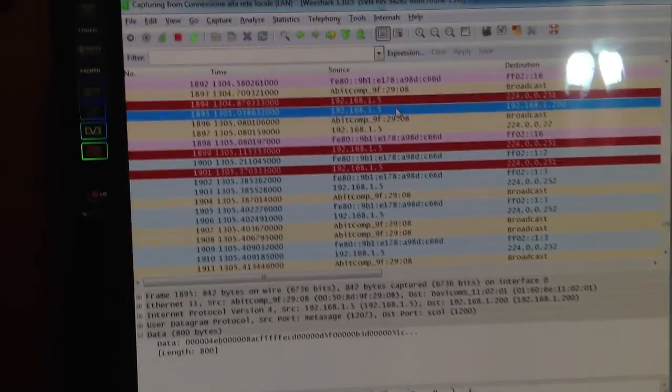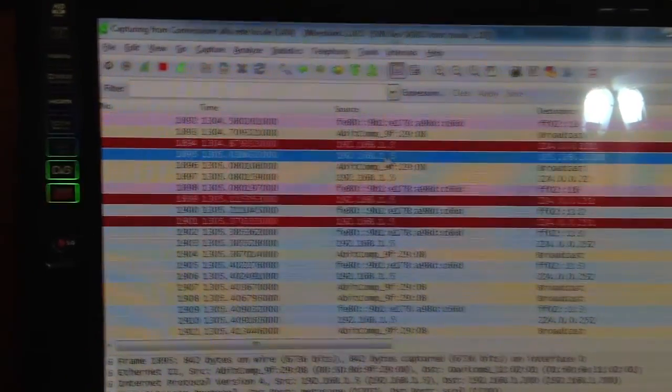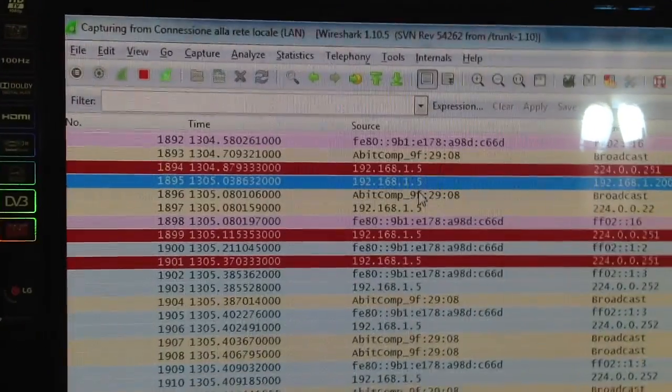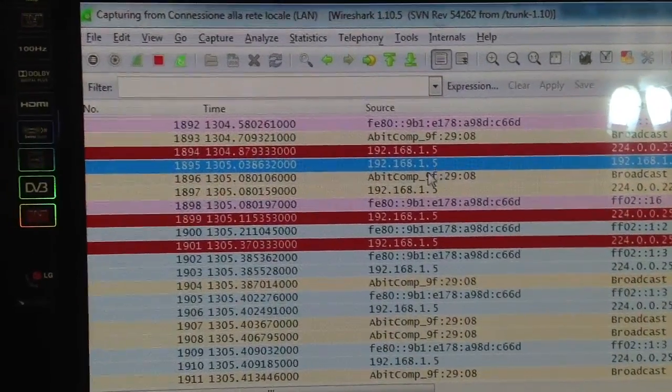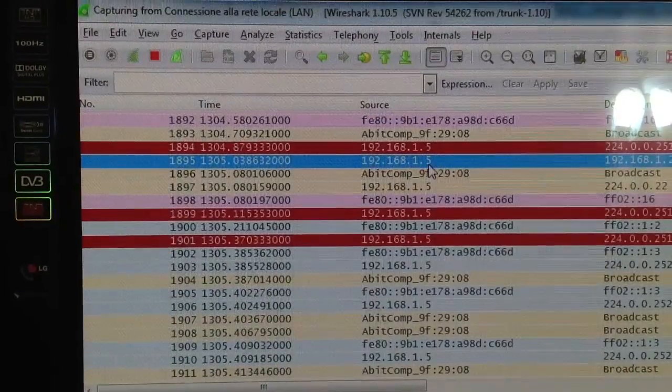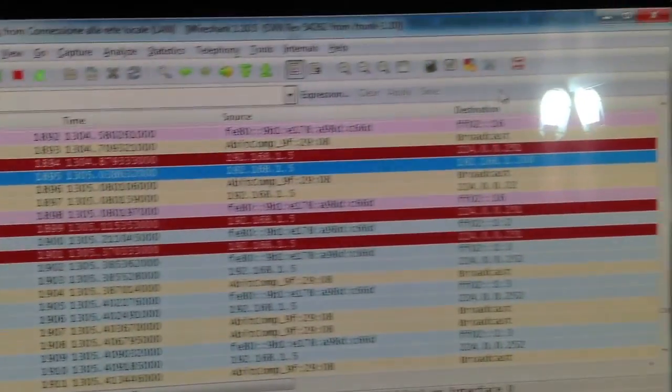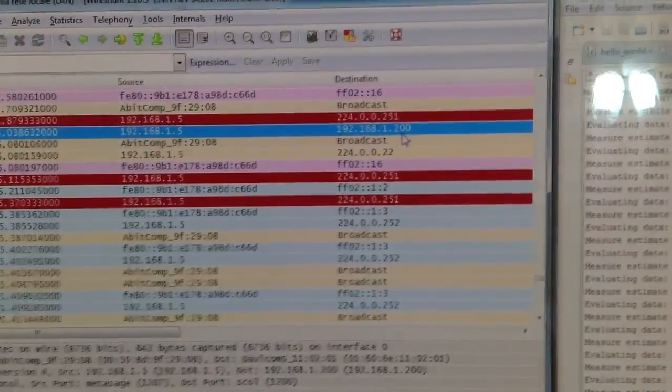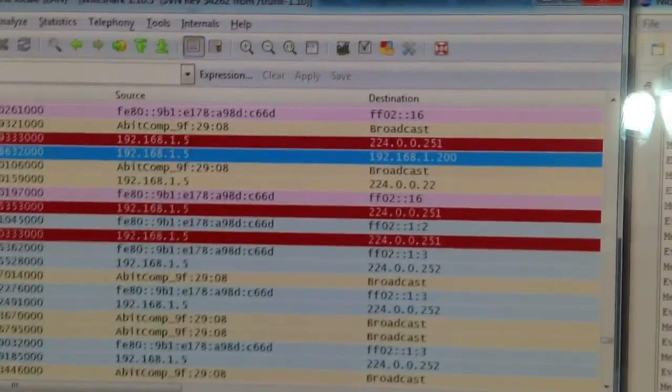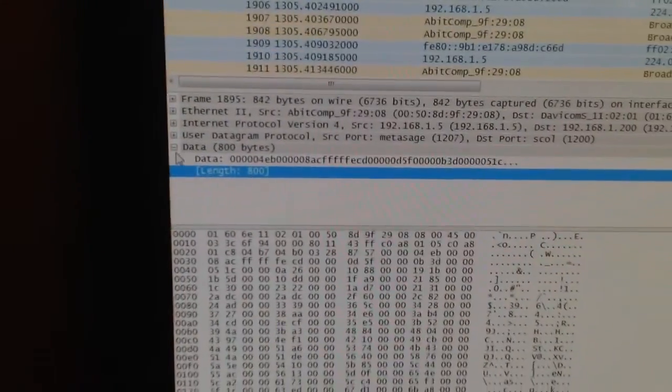Okay, here they are. The first, with the source address IP .5, which is the PC, and the destination .200, which is our FPGA, containing the payload with the data to be processed.